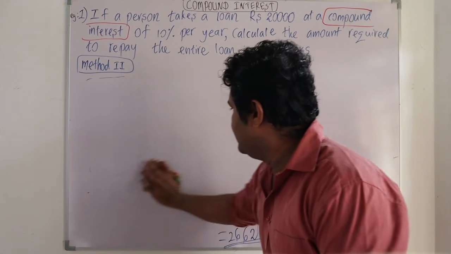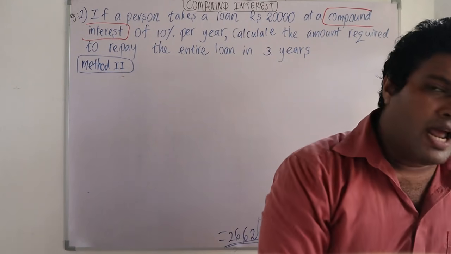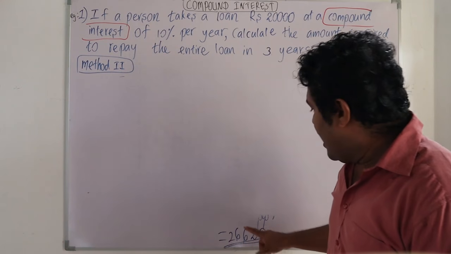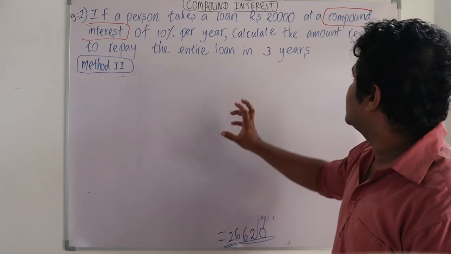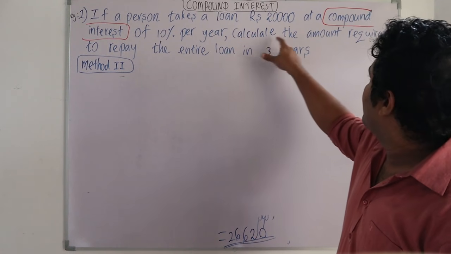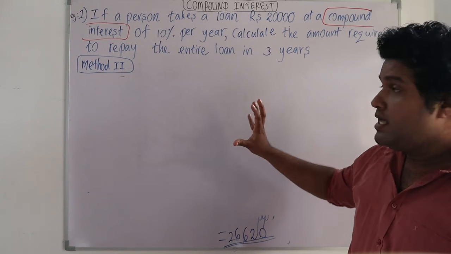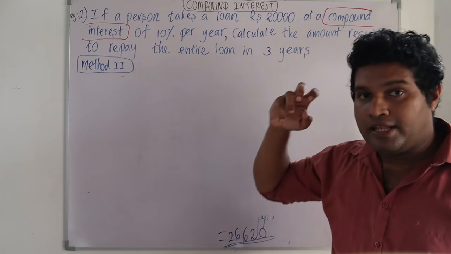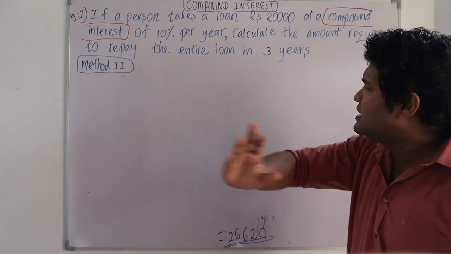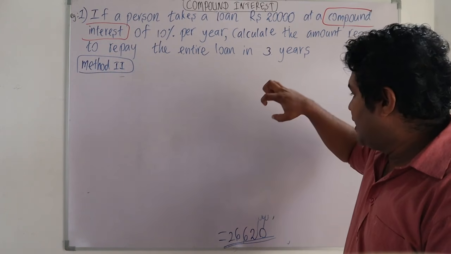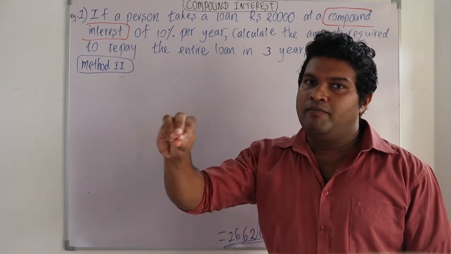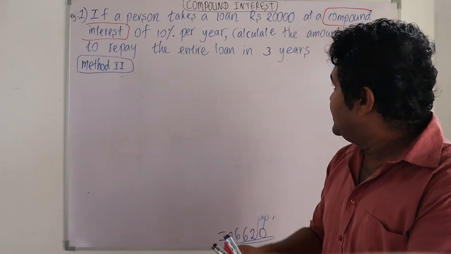In the third method, we can find the whole answer. Whole answer means calculate the amount required to repay the entire loan in 3 years. This is what we had to get as the answer, but without using steps. We have to follow a geometrical way to get this answer.